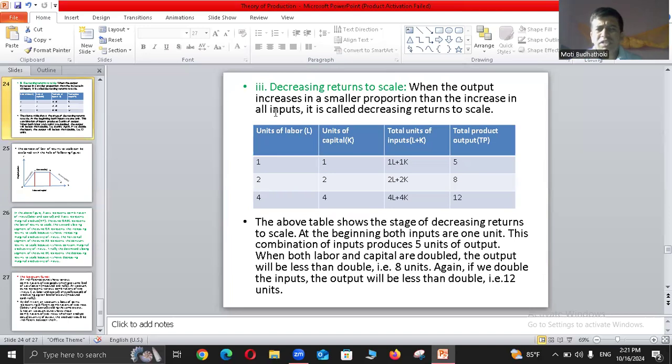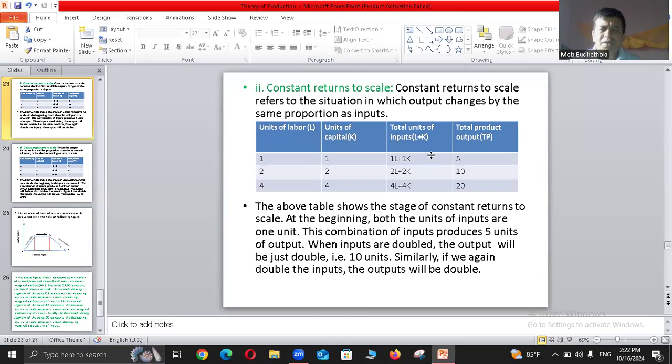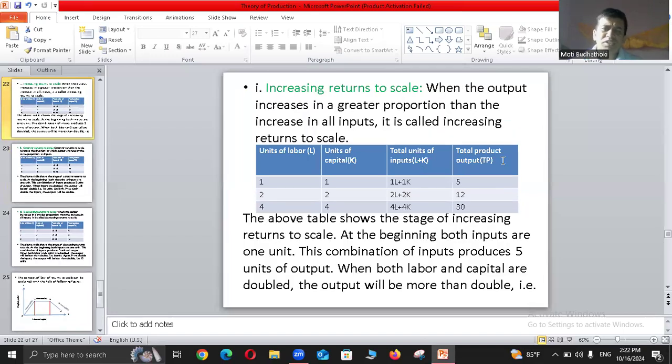Decreasing returns to scale gives a small amount of output compared with the level of inputs, constant returns give the same proportion of output according to their inputs, and increasing returns to scale shows a higher level of production compared with their respective inputs.